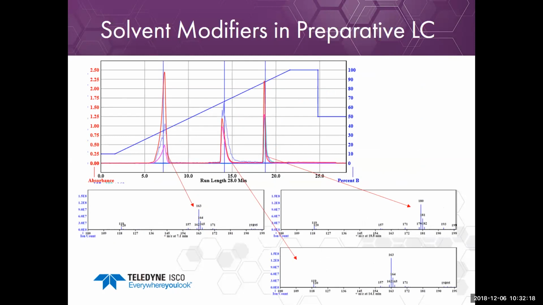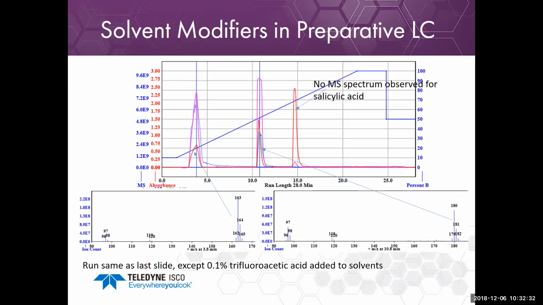What's interesting is that I don't see the salicylic acid, and I have 2 peaks over here for nicotine. So something's a little funky over here. So I then run the same mixture in water methanol, except I added 0.1% TFA.